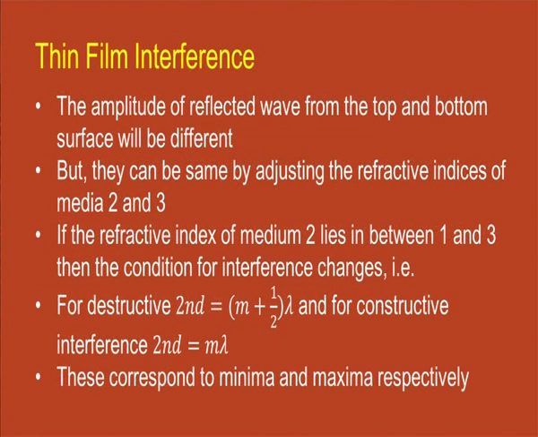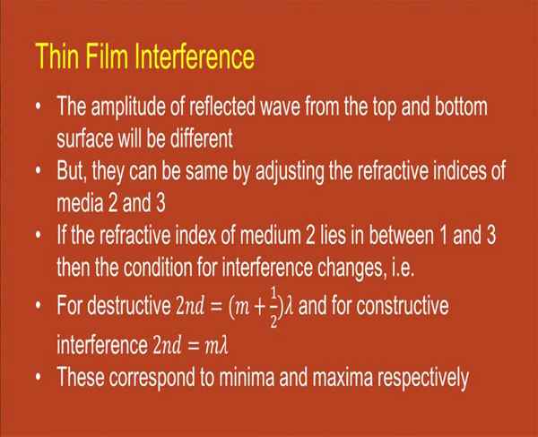The amplitudes of the reflected waves from the top and bottom surface will be different, but they can be made the same by adjusting the refractive indices of medium 2 and 3. If the refractive index of medium 2 lies in between that of medium 1 and medium 3, then the condition of interference will change.